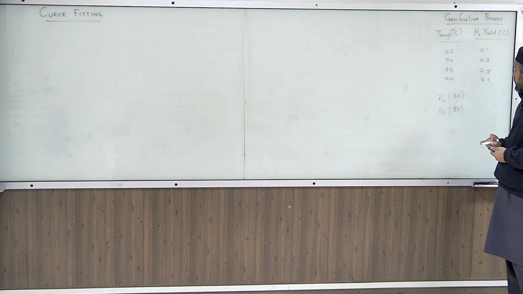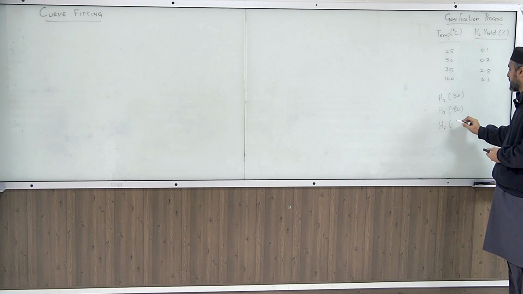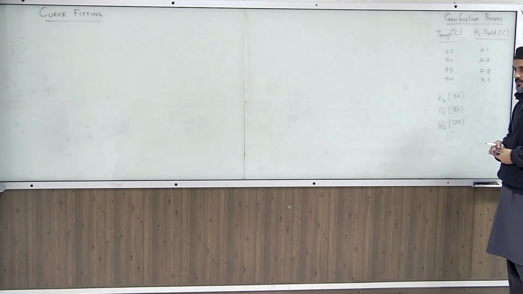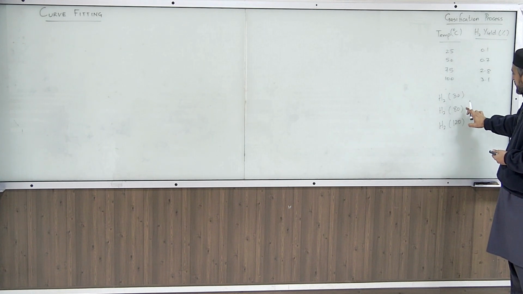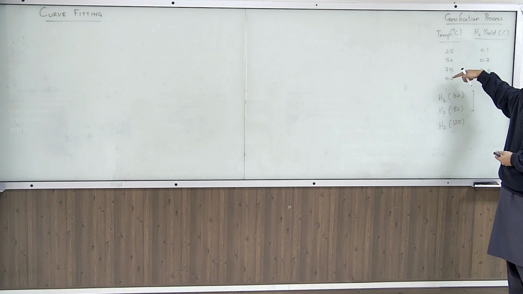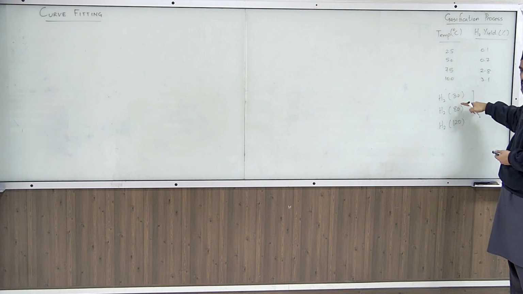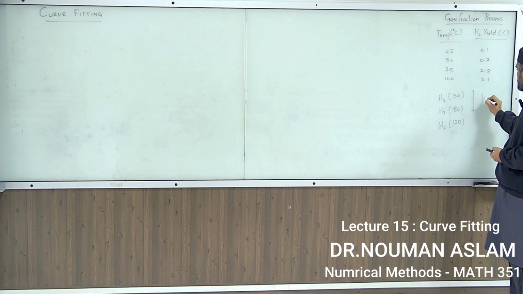Also maybe I'm interested to find the hydrogen yield at 120 degrees Celsius. With these, what I'm trying to do is predict the value of hydrogen within the temperature data from 25 to 100 degrees. So these points lie between those, and these will be the interpolation.